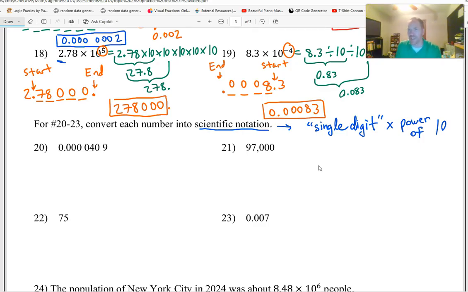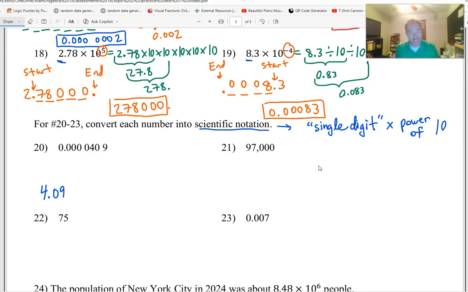You might say 8.3 is not a single digit, but it's a single digit followed by the decimal point. Single non-zero digit. So number 20, when I'm looking for my single digit, I go, let's see, not that 0, not that 0, not that 0, not that 0. Oh, 4, that's going to be my single digit. But I need the 9 and I need the 0 in between the 4 and the 9. Okay, so 4.09. That's going to be my single digit.